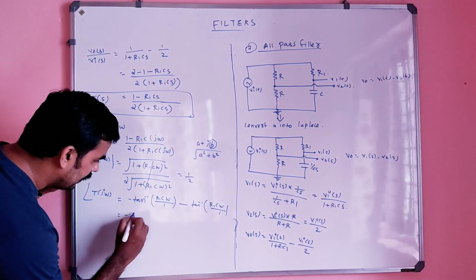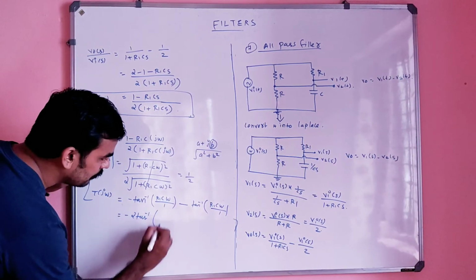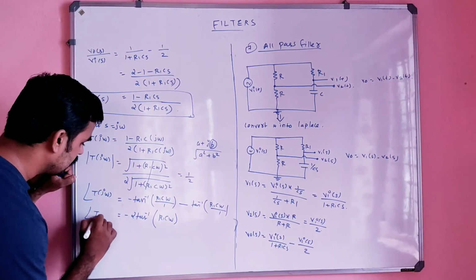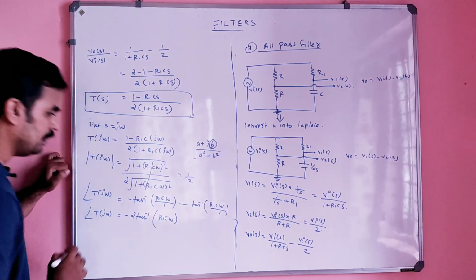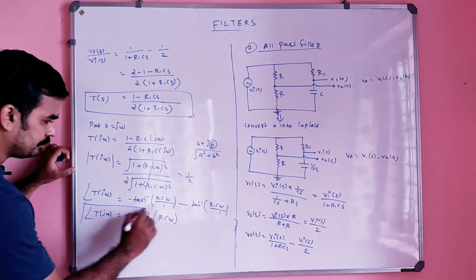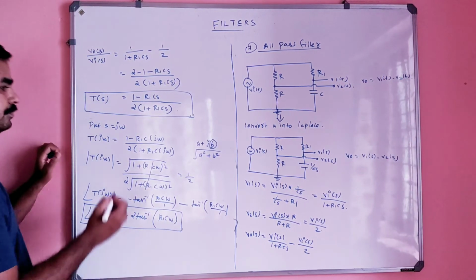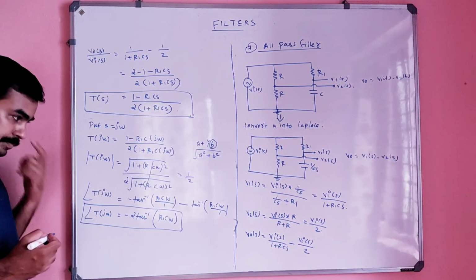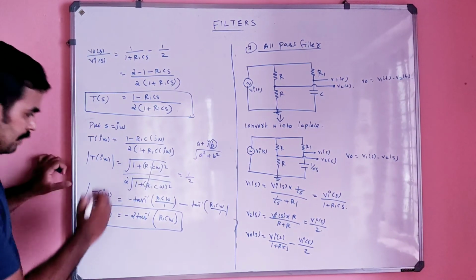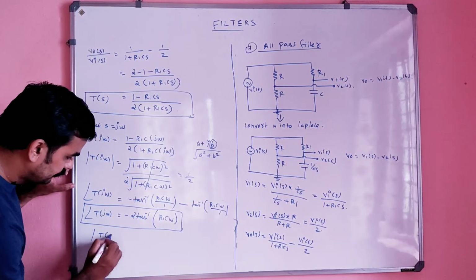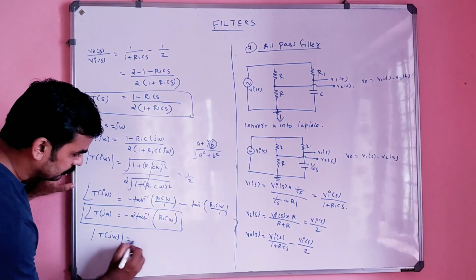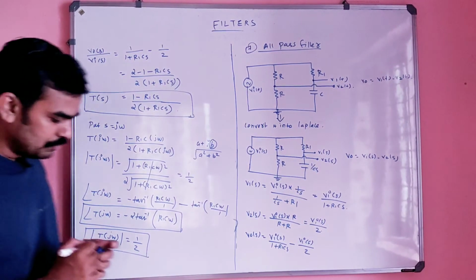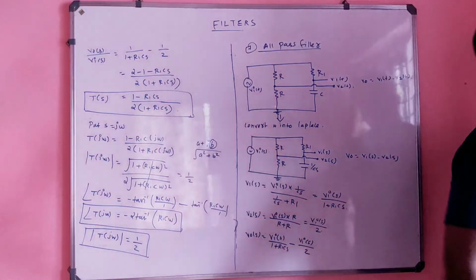That means minus 2 tan inverse of R1C omega. That will be the angle of T(j omega), and this is the magnitude. Is it clear? And the magnitude of T(j omega) is nothing but 1 by 2.